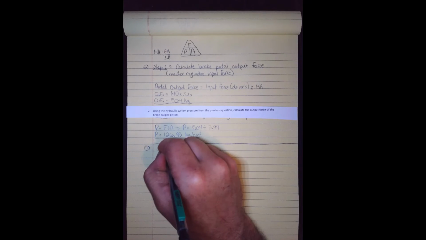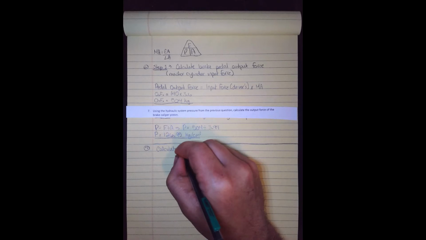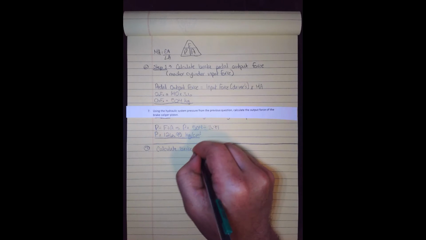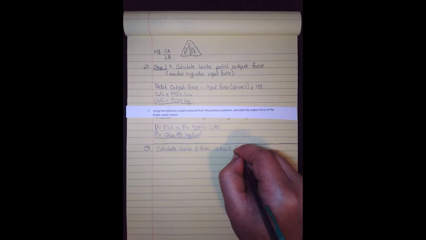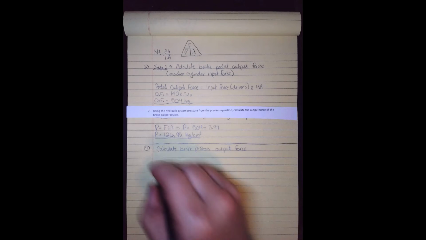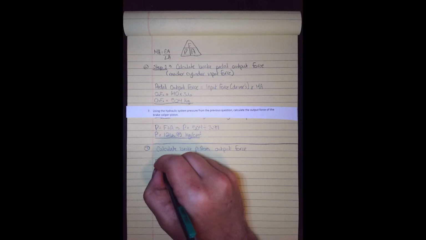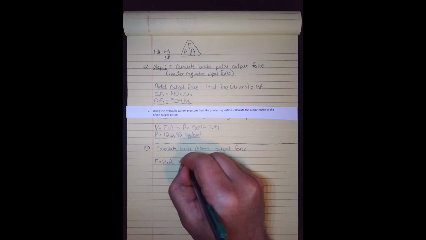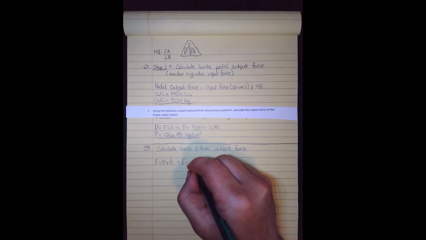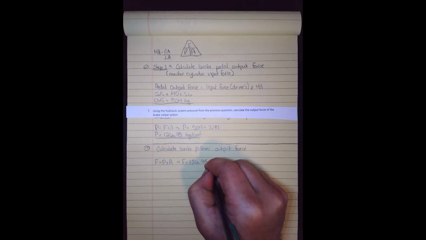And all we're doing is calculating brake piston output force. Right? So it's a force, which is a pressure times an area. Pressure we already calculated, 126.95. Multiplied by an area we've already calculated. Right? 53.43 square centimeters.